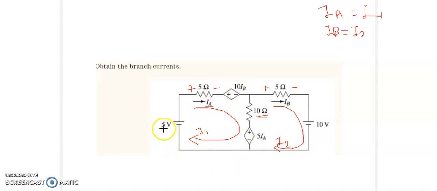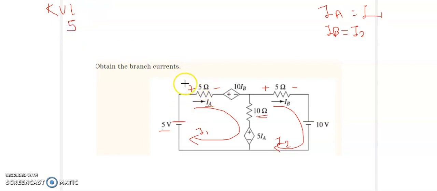Now I start writing the KVL equation, tracing the loop in the clockwise direction, coming to the first component, the 5 volt voltage source. In the clockwise tracing direction, I am getting a longer line. That means I will take this 5 volt as positive when I write the KVL equation. So writing the KVL equation for the first loop, I will have 5 volt.